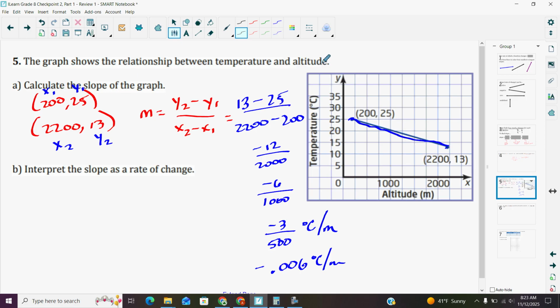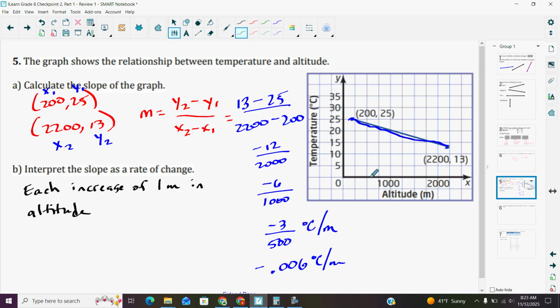Part B, interpret the slope as a rate of change. Tell me what that slope means. Slope, remember, is the change in y for each one change in x. So in each increase of 1 meter in altitude, so each time I change x by 1, that's where we should start.